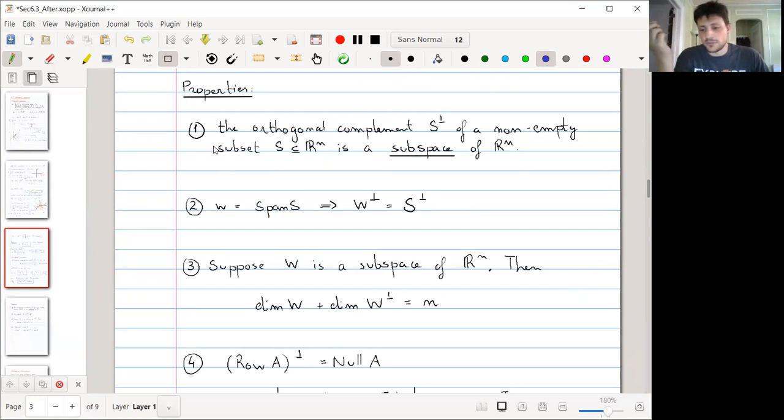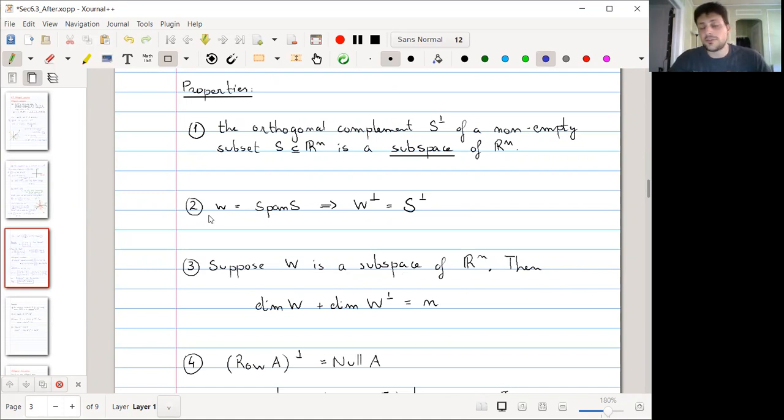The orthogonal complement of any subset, any set of vectors, is always going to be a subspace. Orthogonality is a property that behaves well with rescaling and with adding orthogonal vectors together, which are the two key features of a subspace. So every orthogonal complement is a subspace.